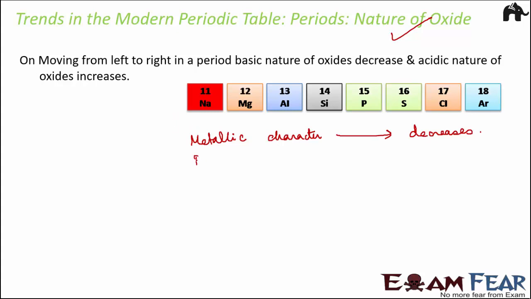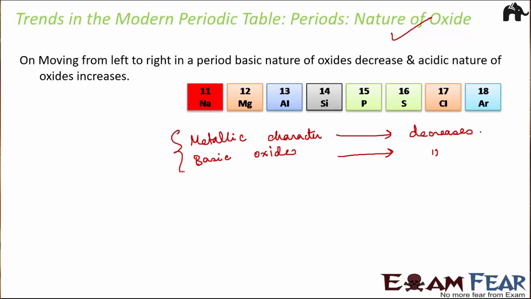So the basic nature of oxides also decreases, whereas non-metallic character increases, therefore the acidic nature of oxides also increases, because we have learnt this, that metal oxides are basic in nature, non-metallic oxides are acidic in nature. In fact, we have proved that with various reactions as well, right?